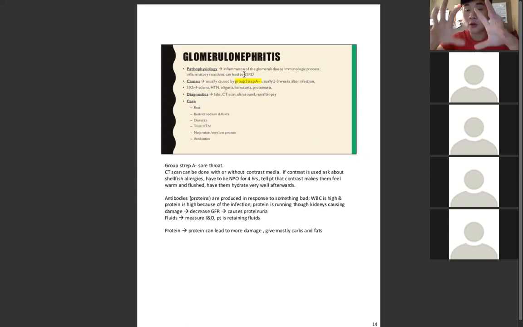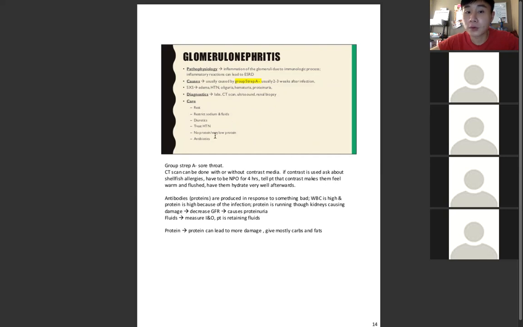The glomerulus is what helps filter the toxins and produce urine in our kidney. In glomerulonephritis, the glomeruli are inflamed, but it doesn't cause issues with losing protein.